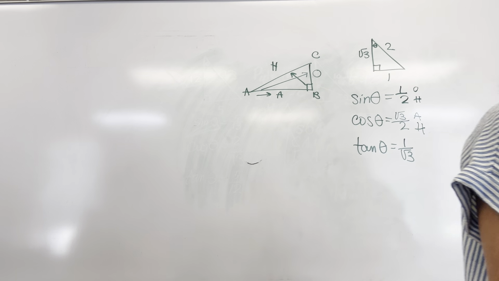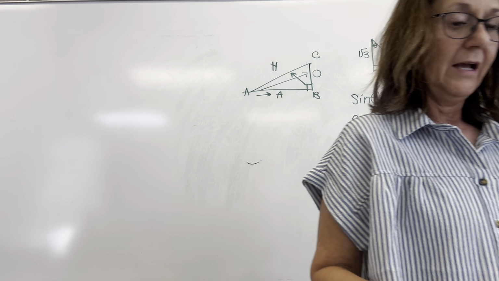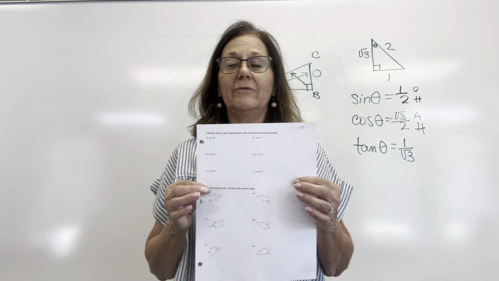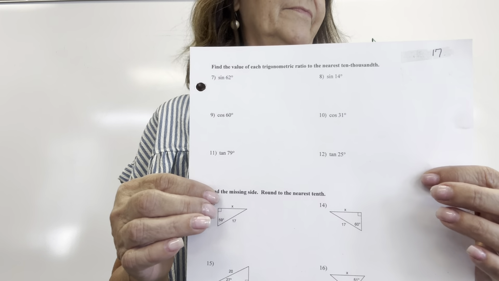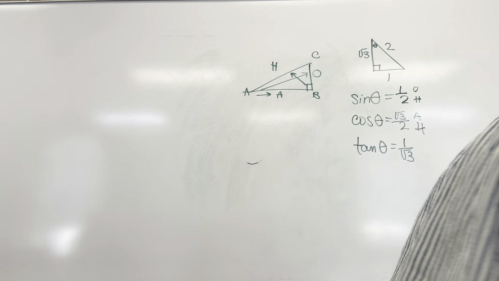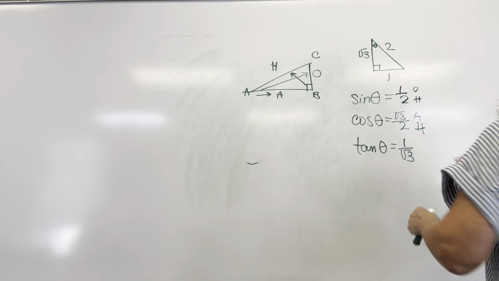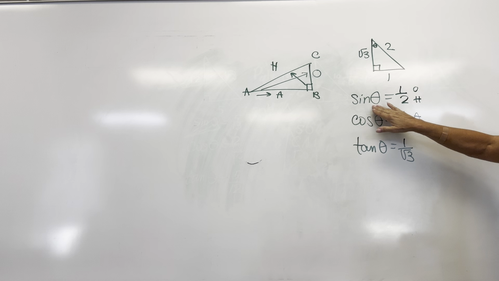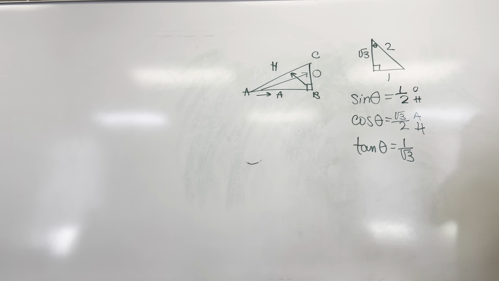All right. Now, if we go back to 17, we have equations, but we've not given the ratio of the sides. Look here. If I said the sine of theta is 1/2, I already know the angle because of trig.